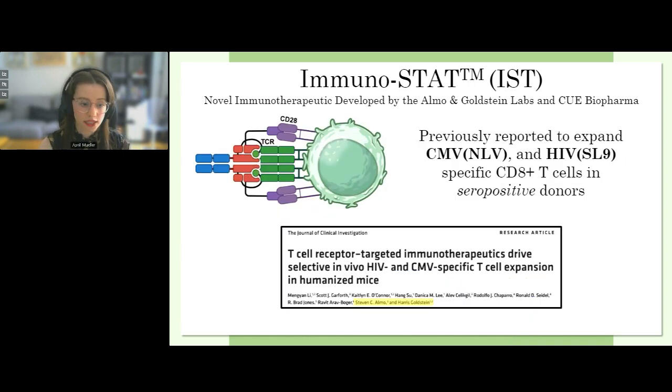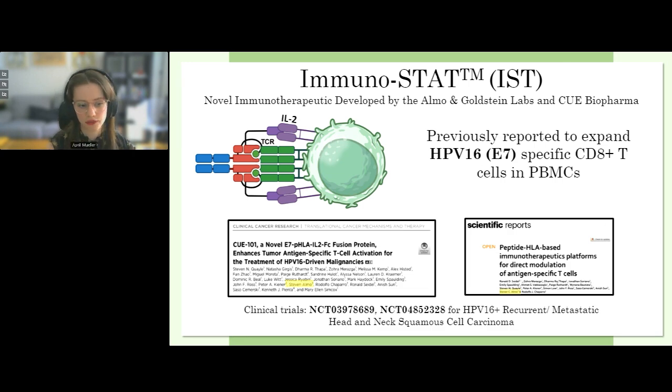So this product is actually currently in clinical trials, and previous reports from our lab have shown that the IST framework containing an anti-CD28 domain enabled antigen-specific growth of CMV or HIV-reactive memory CD8 T cells. So taking patients that have CMV or have HIV, we were able to expand these cells in vivo in a mouse model, and they were able to prevent viral reemergence.